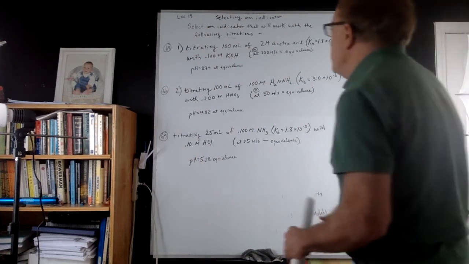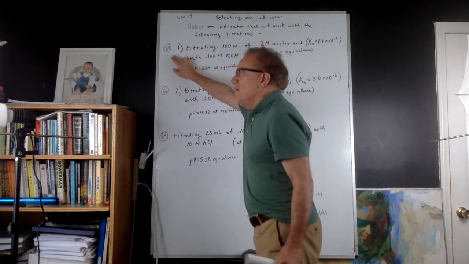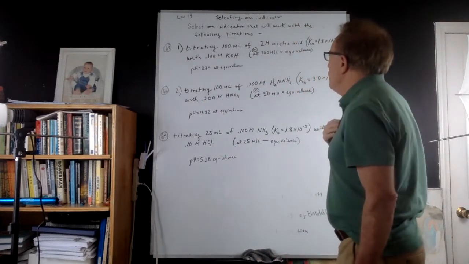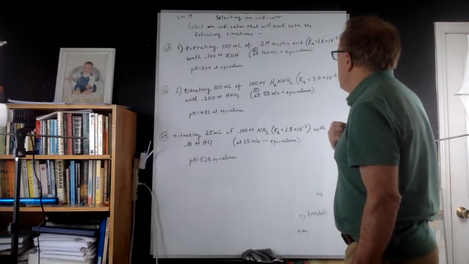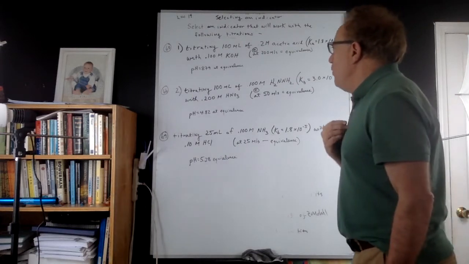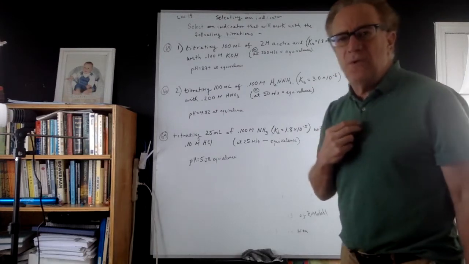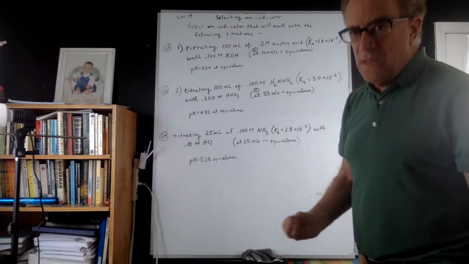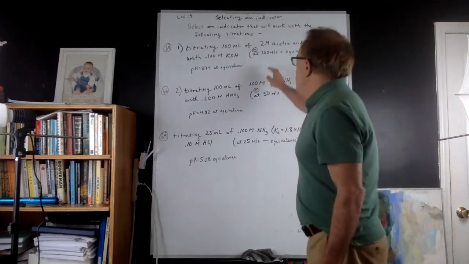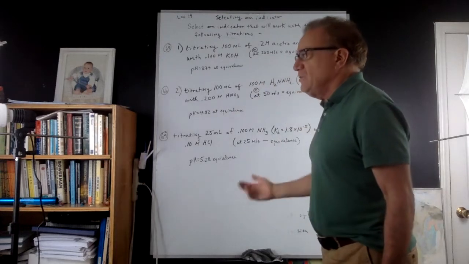So these are problem 65 from Zumdahl. You're titrating 100 mL of 0.2 molar acetic acid, which has a Ka of 1.8 times 10 to the minus fifth, with 0.10 molar KOH. If you do the stoichiometry and the RICE table, you'll find that at 200 mL you get equivalence, and then you can calculate the pH at equivalence.